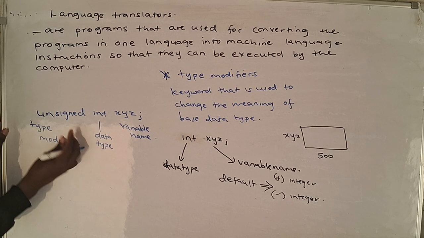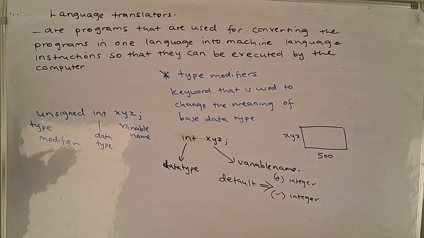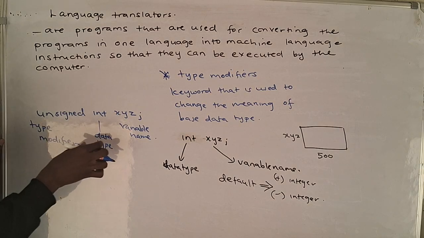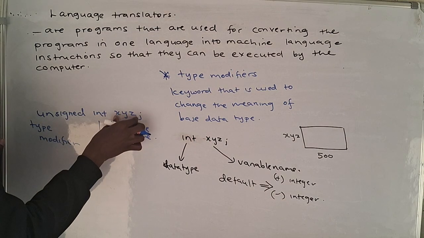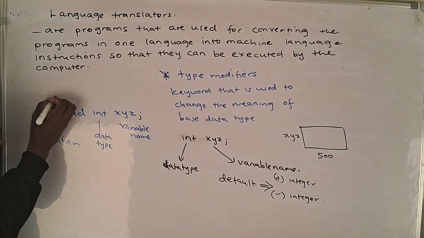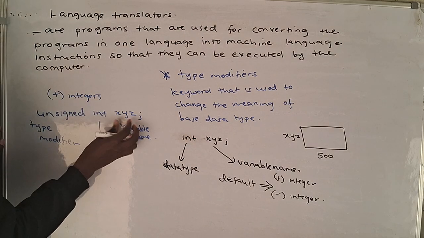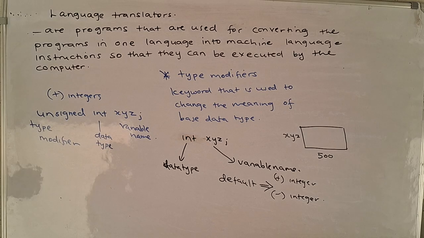What is the effect of this type modifier? It is saying this variable xyz is going to store only positive integers.